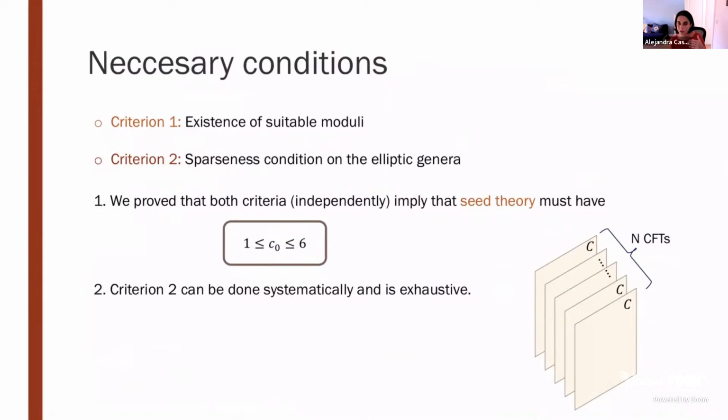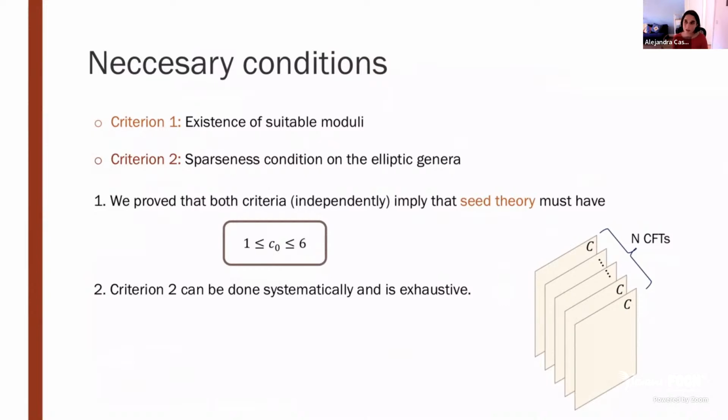If you assume that the elliptic genera does not vanish, it's going to be very closely related to a weak Jacobi form. Weak Jacobi forms basically have a ring, and so then you can very systematically say that you have searched through all theories just from looking at the space of weak Jacobi forms.